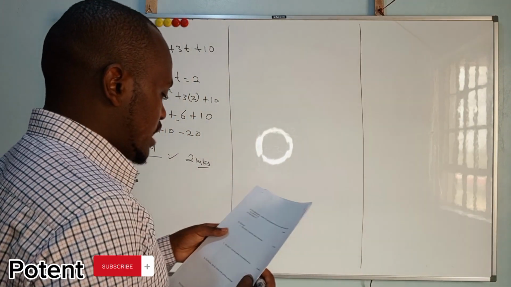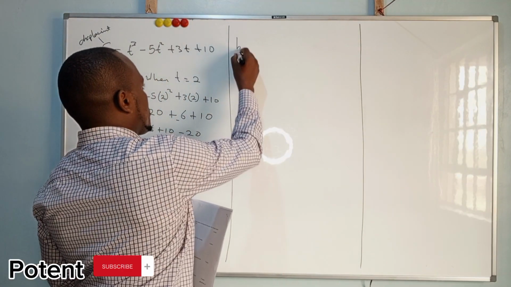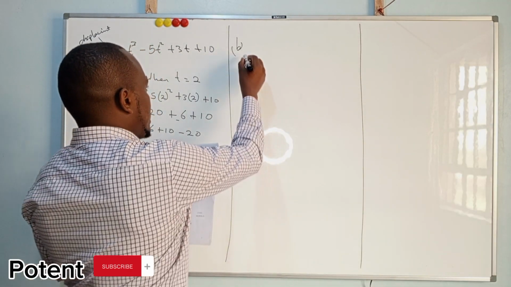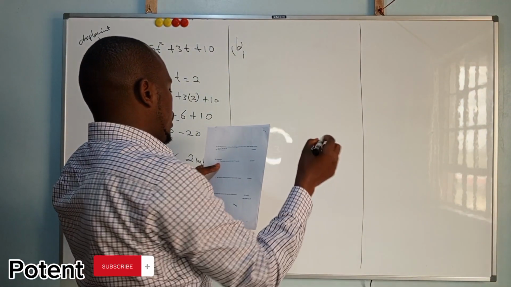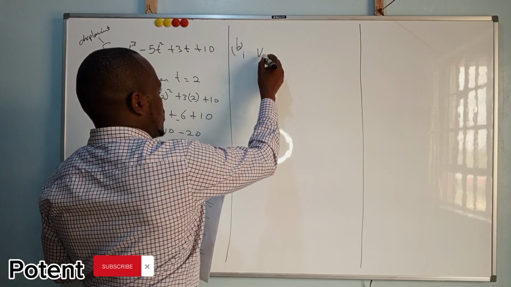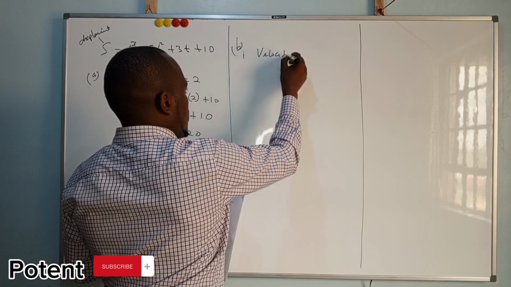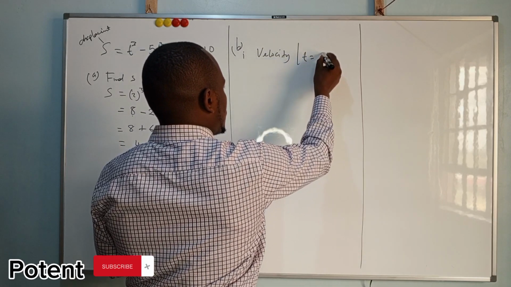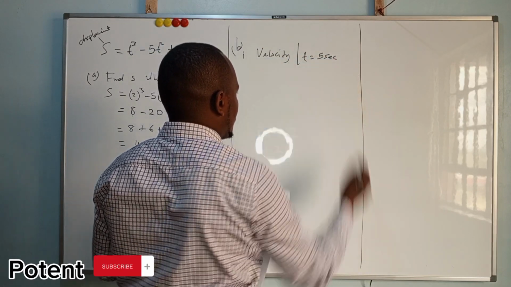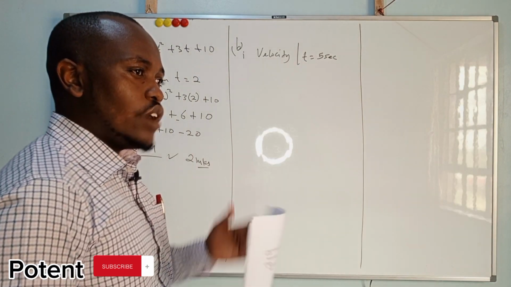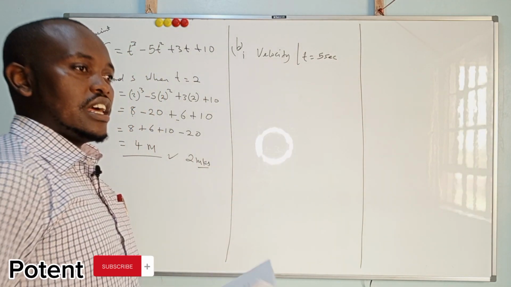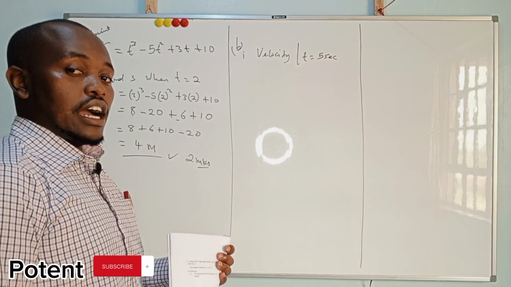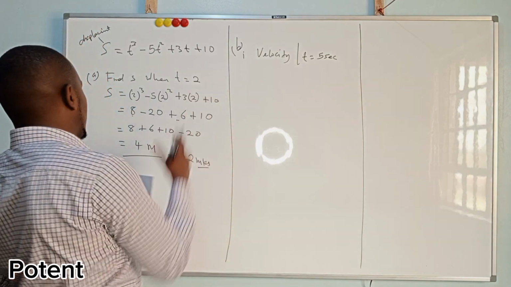So the next part is part B. You are asked to determine the velocity when t equals 5 seconds. Now, what do you know about this question? It is in the last topics of Form 4, calculus. So what do you know about the velocity?